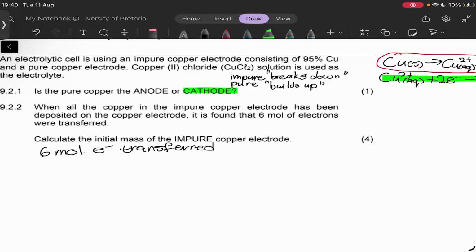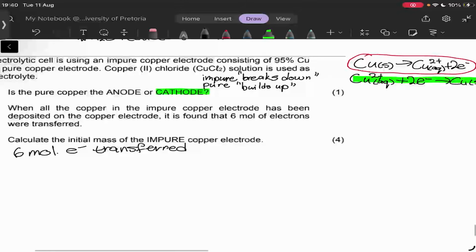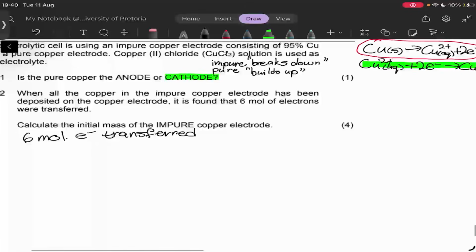So firstly, we have to look at the ratio of electrons to copper, the copper ion. Okay, I'm just going to rewrite the copper half reaction.